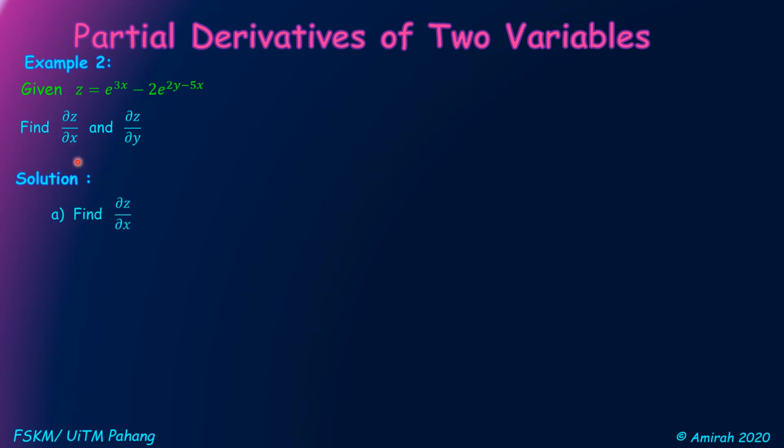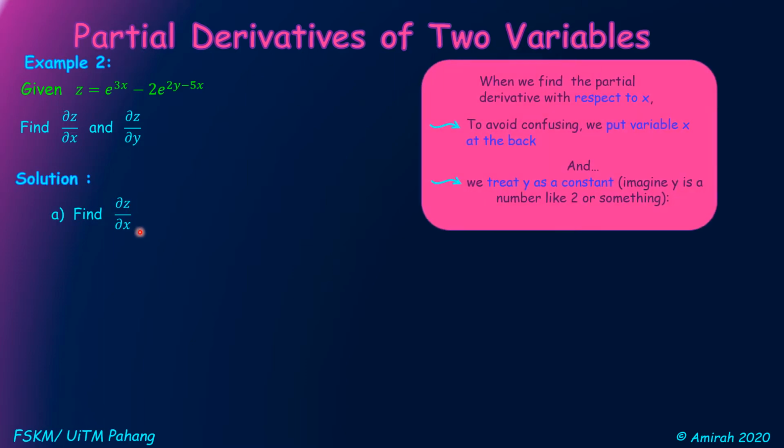Now we look at how to find del z over del x. When we find the partial derivative with respect to x, to avoid confusion, we put variable x at the back. So we write z equals e to the power of 3x minus 2 times e to the power of 2y minus 5x, and we can denote x with a different color, let's say red.